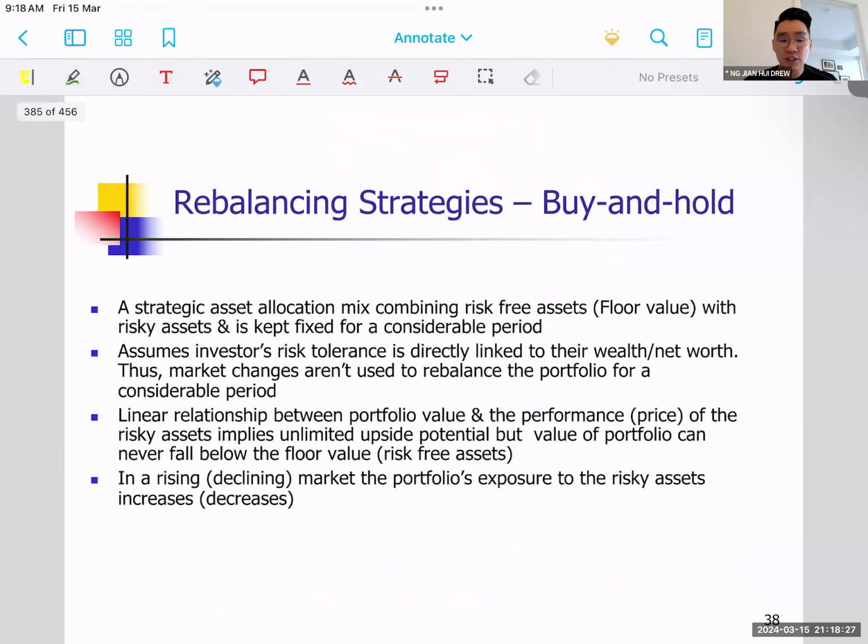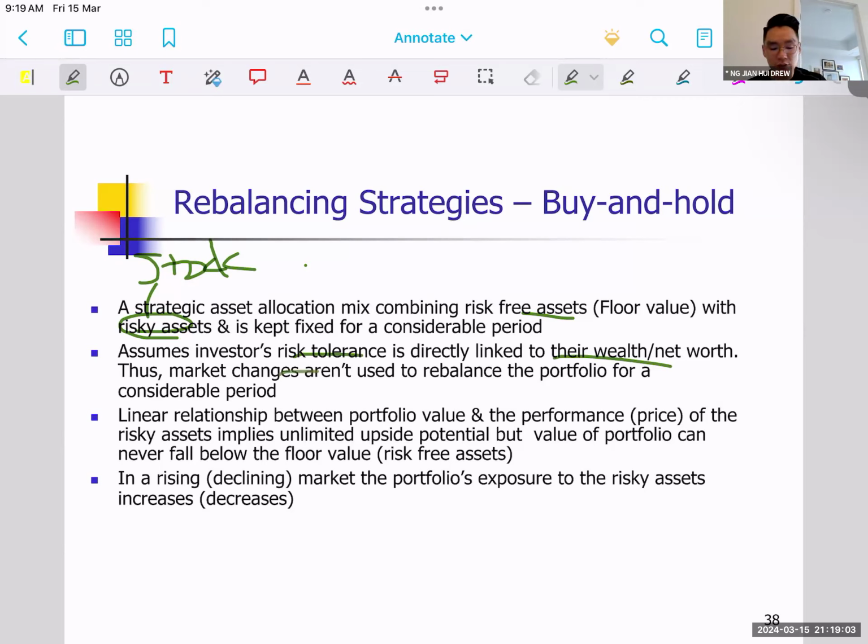Okay, so first strategy, let's look at a buy and hold strategy, right? As mentioned, you buy and hold a mix of risk-free assets, which gives you the floor, and risky assets. In this case, remember, we are only considering two asset classes, which means it's a stock. And we keep it throughout the whole period, right? So assume that the risk tolerance is directly linked to the net worth.